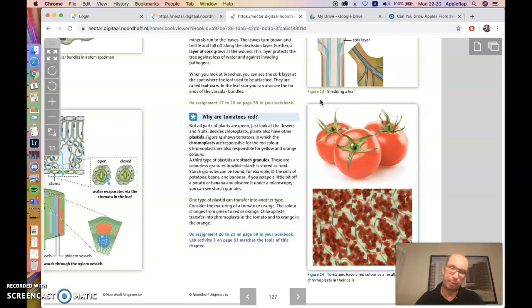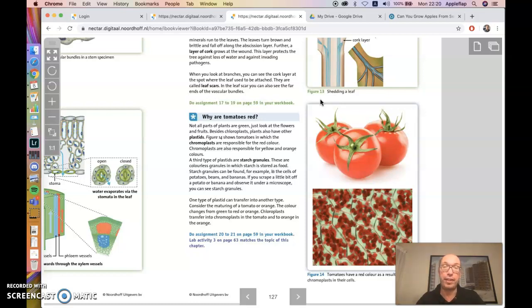There are also other types of plastids, and the other one is the chromoplast. And chromoplasts can have different colors. For example, in carrots, the chromoplasts are orange, right? So there are different kinds of chromoplasts.